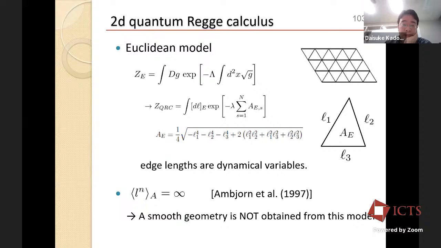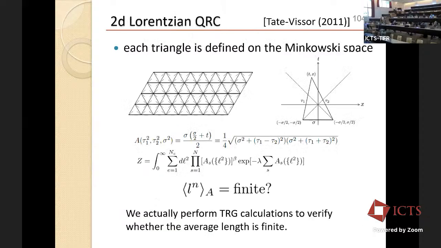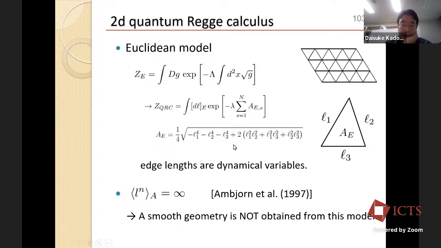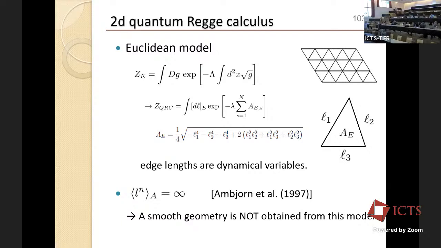The formula on the next page is just taking L1, L2 and putting an i in front. Is that correct? This definition of Lorentzian area is completely different from this Euclidean area. Oh, I see.